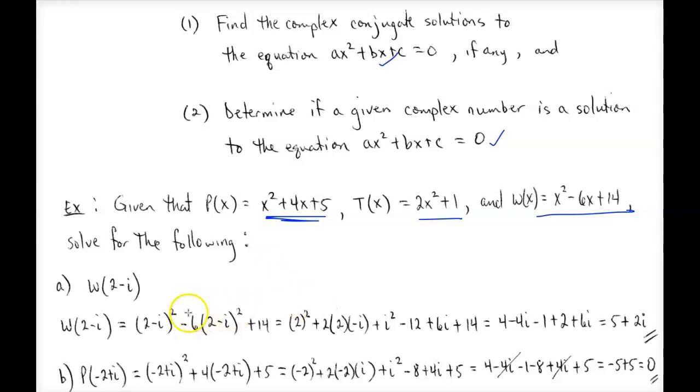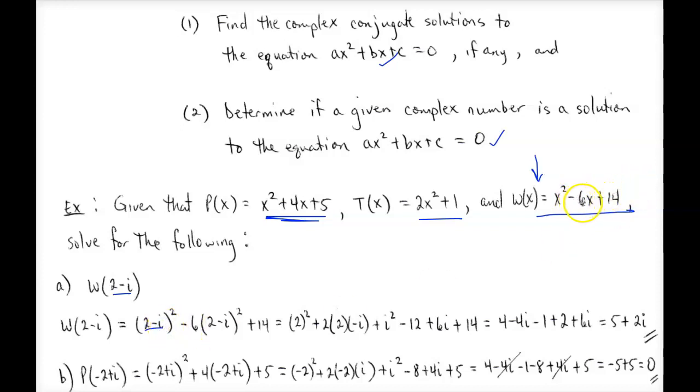So for part A, we see that we're looking at the function w of x, and they're saying everywhere where we want x to be, replace it with 2 minus i. So we've done that here. Since this is x squared, we know x is 2 minus i, so we just put 2 minus i, quantity squared.